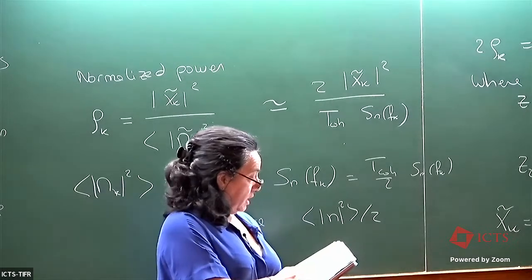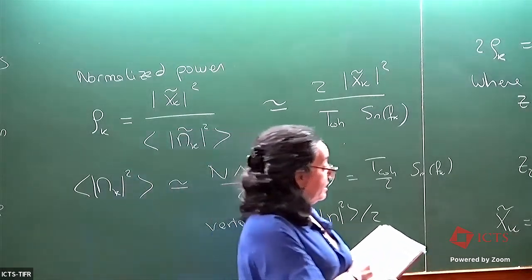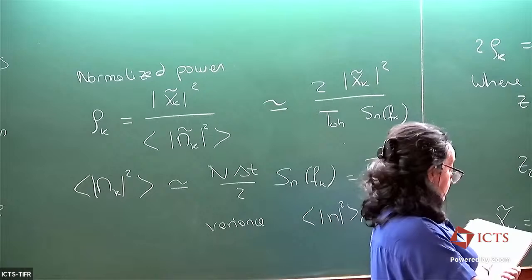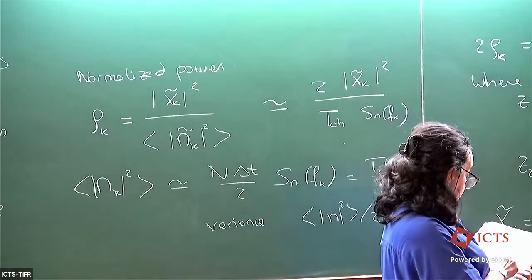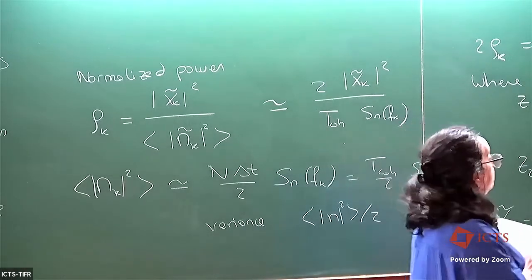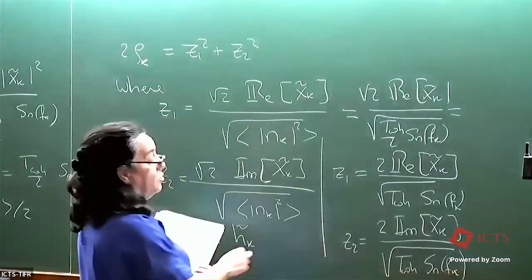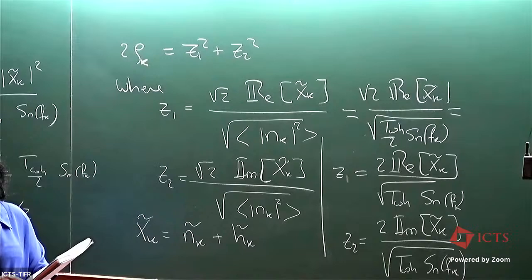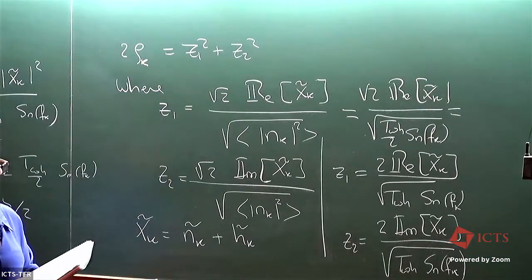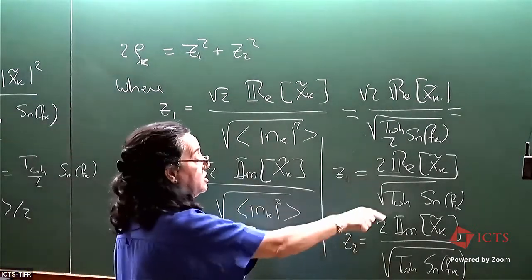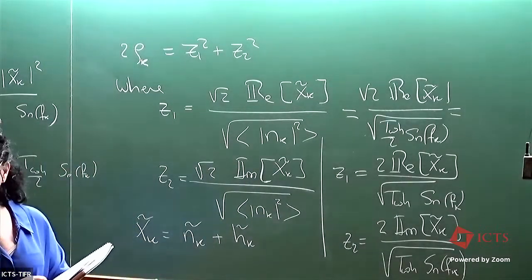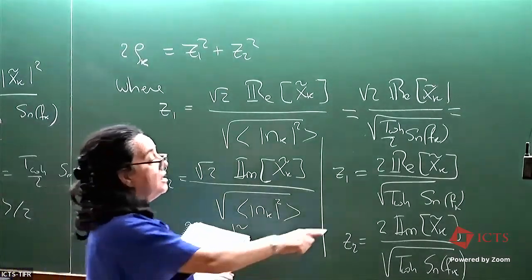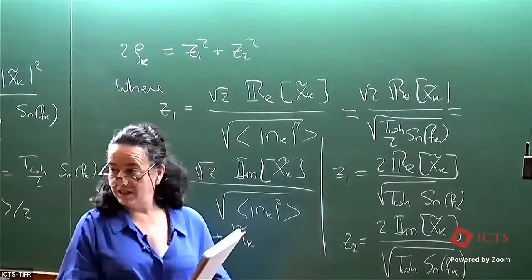So if I take that the noise is Gaussian, then it just follows that both of these random variables, Z1 and Z2, are also normally distributed and have a unit variance.